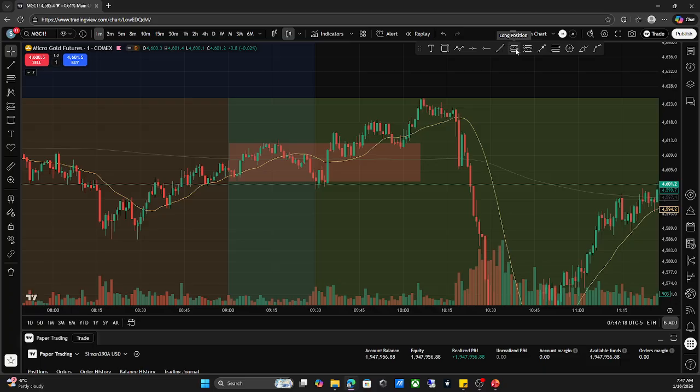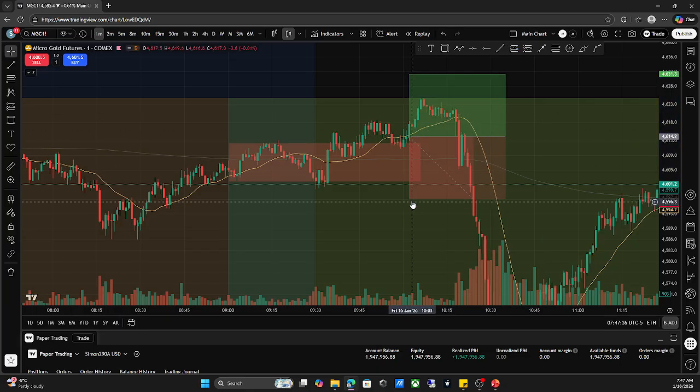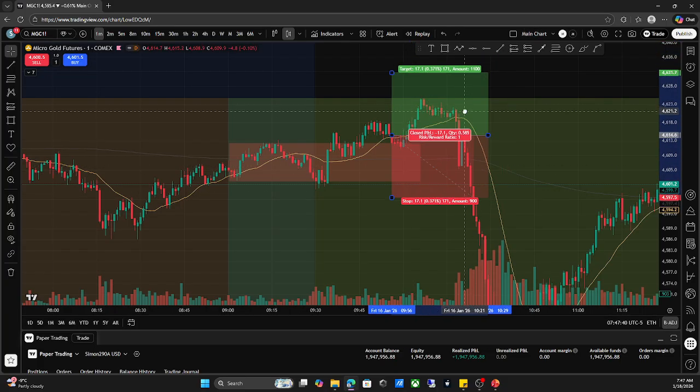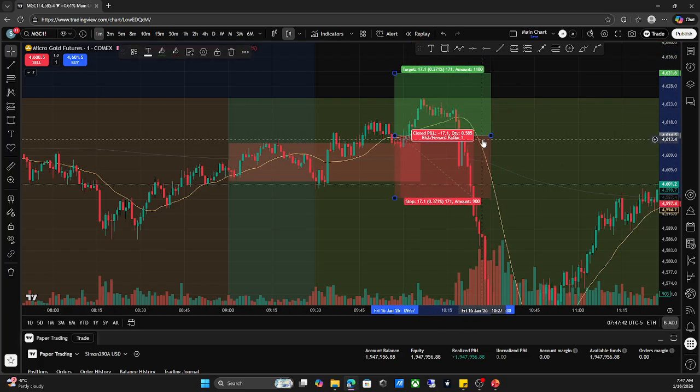I try to make 1-to-1, but we can just see what the market will give us. It broke out, retested, then broke out up, so basically I enter here. Okay, I entered, yeah.